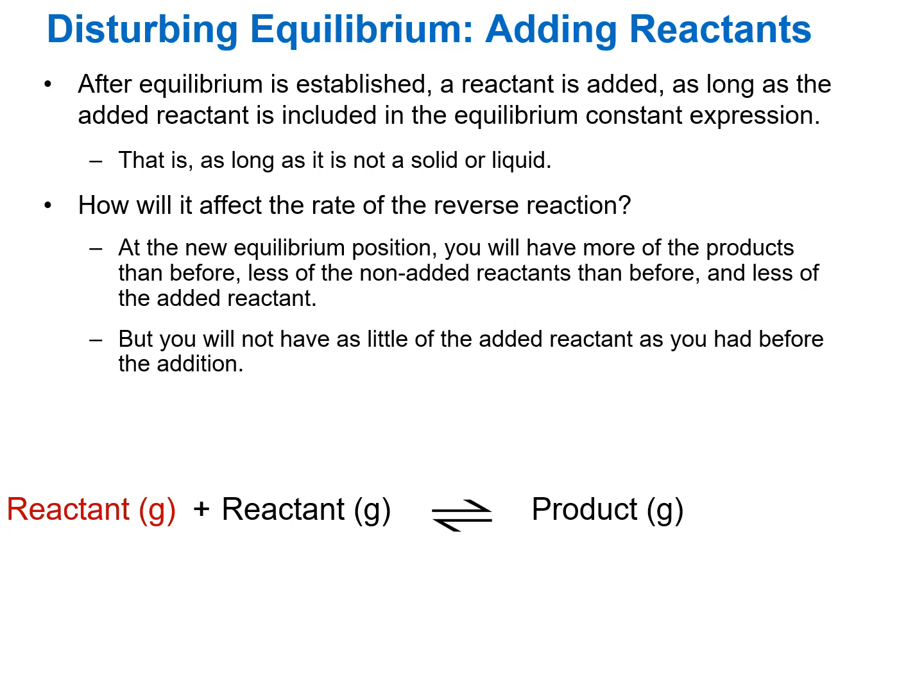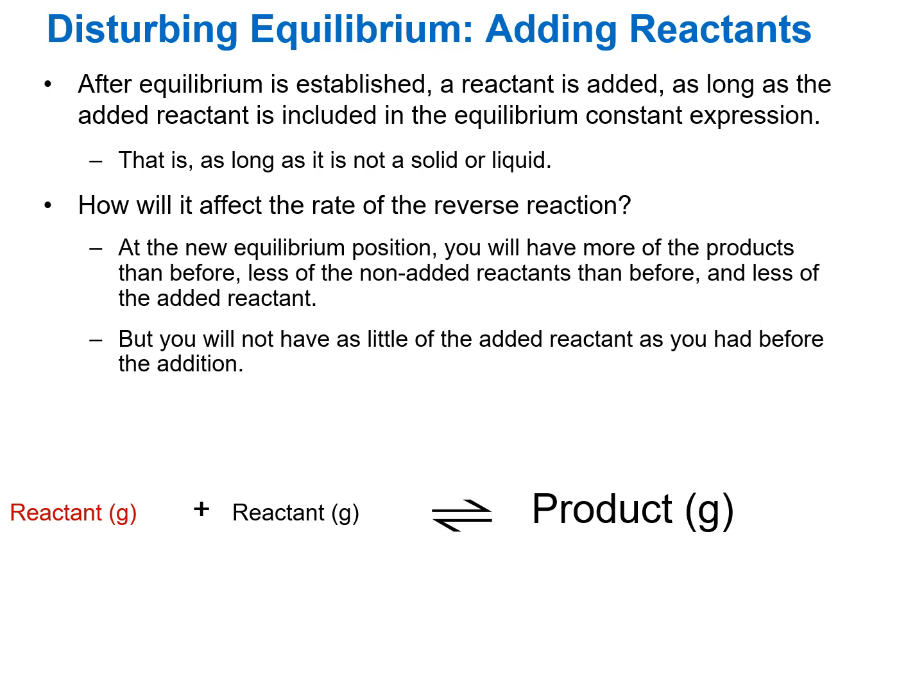And what we're going to see in our container is that we'll have more product than we had before. But some of the initial reactant that we had will get used, so there'll be a little bit less of that. And some of the added reactant will also be used, so there'll be less of that. So that's really what we're saying here, is that now we're looking at the concentrations.